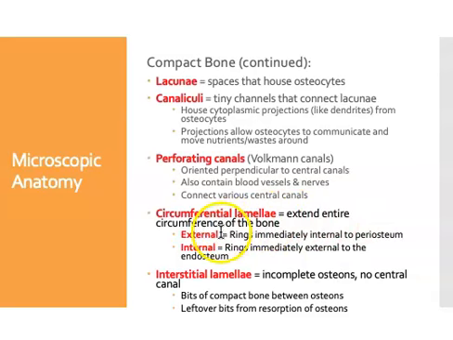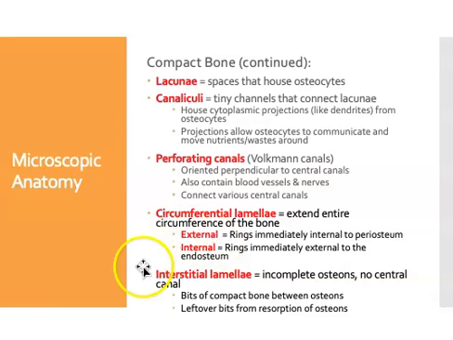There are external versions of these, and there are internal versions of these. The external circumferential lamellae are going to lie immediately inside of the periosteum. The internal circumferential lamellae are going to be immediately external to the endosteum. Again, I'm going to show you a picture in a minute. I know it's confusing.